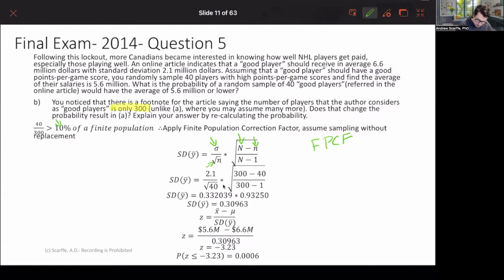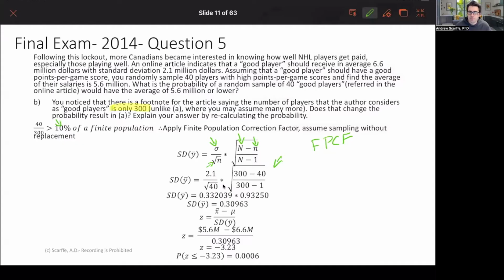Okay, so if we look at this in the next line, it's simply the square root of 300 minus 40 divided by 300 minus 1. And we take the square root of that quotient and then multiply it by our standard equation to calculate the standard deviation of the mean of our sample.